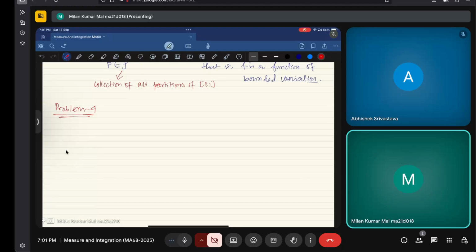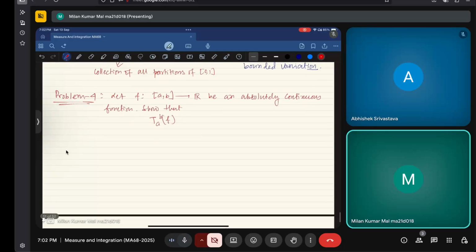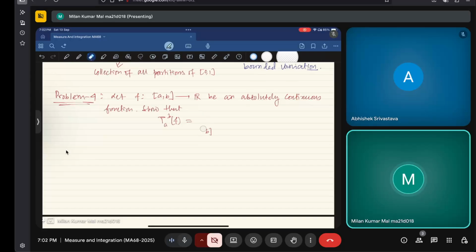It says: let f from the closed interval [a, b] to R be an absolutely continuous function, so that T_a^b f equals T_a^c f plus T_c^b f. What is T_a^c f and T_c^b f?